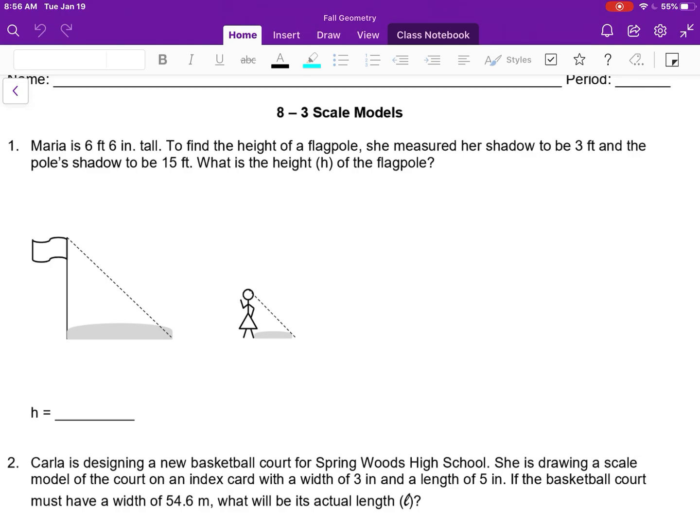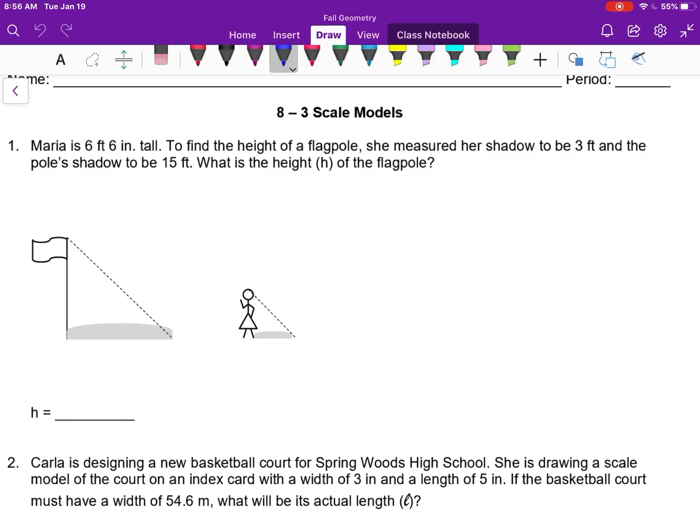It's actually a scale model of a larger vehicle that you may see in real life. Or maybe a scale model of an airplane in Hobby Lobby, and then you see an actual airplane out at the airport. So in this video, we'll see how to set up certain problems.